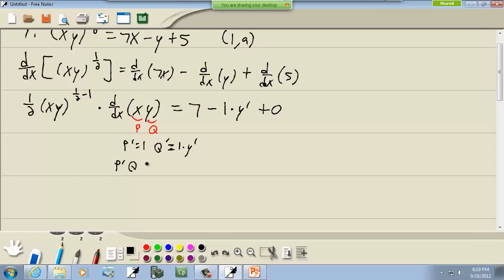So this is the product rule: P prime Q plus P Q prime. That gives us 1/2 xy to the negative 1/2 times P prime, which is 1, times Q, which is y, plus P, which is x, times Q prime, which is y prime, equals 7 minus y prime.